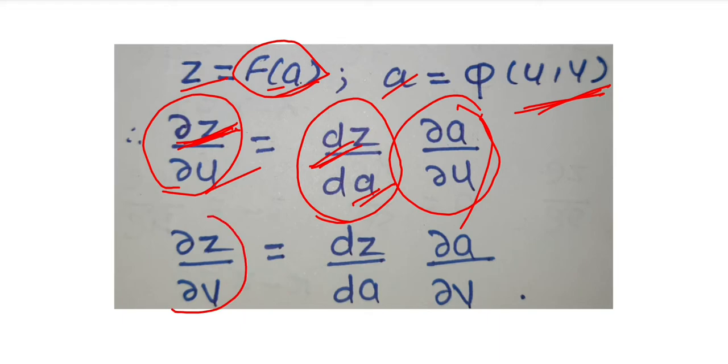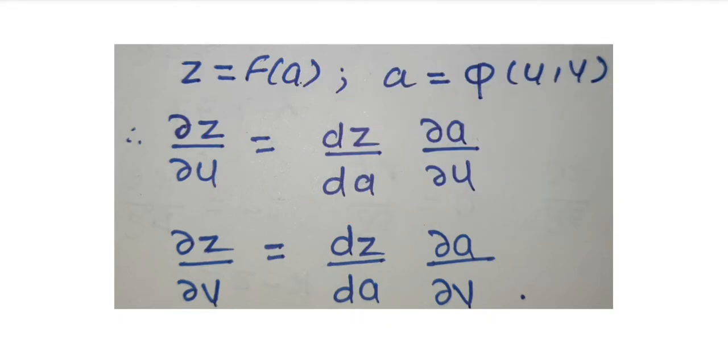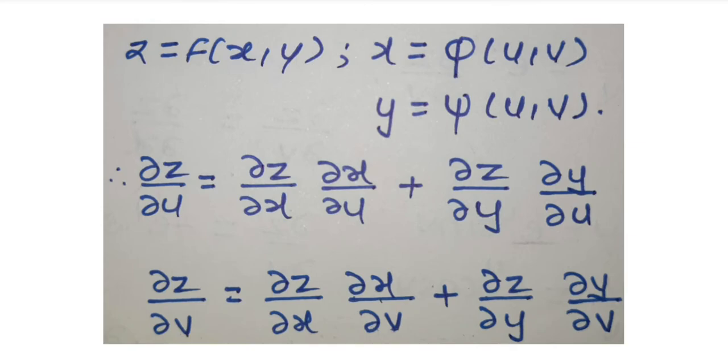Similarly, if we want delta z upon delta v, that is the partial differentiation of z with respect to v, we will first differentiate z with respect to a, that is dz upon da, and then differentiate a with respect to v, that is delta a upon delta v. Now take a screenshot of this slide. This is a formula which can help you in solving various examples. So let's move forward.